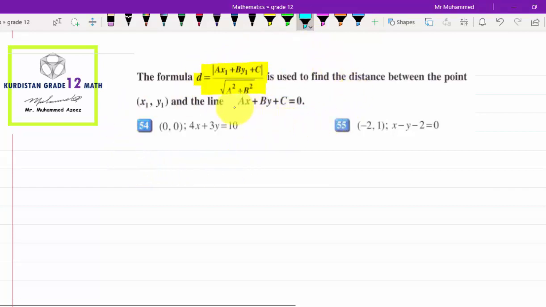Through the first question, there is always a given point that we want to find the distance between the point and the line.